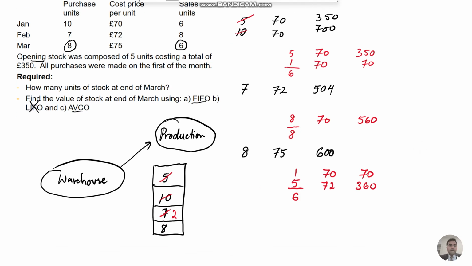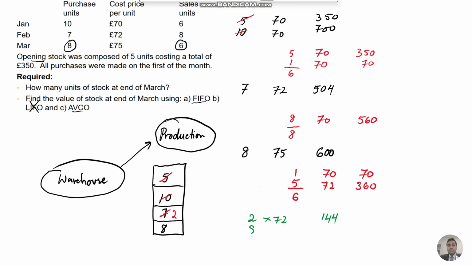Now it's very easy to look at the shelf, and I can easily see that there are 2 units left in the third shelf and 8 units left in the last shelf. So if I change the color, there are 2 units left in the third shelf, which is coming from the 7 units, and the price was 72, 144.